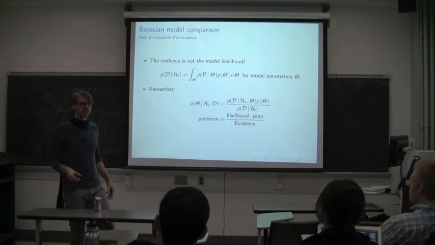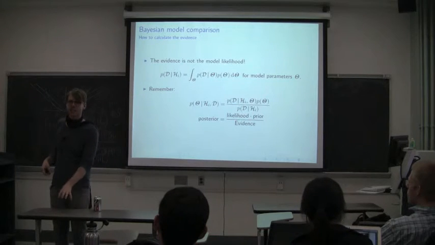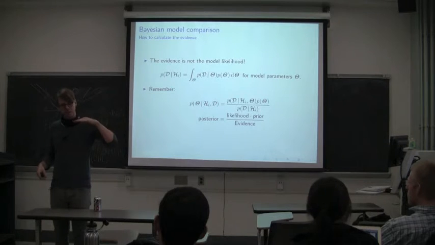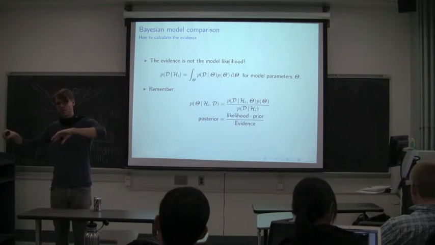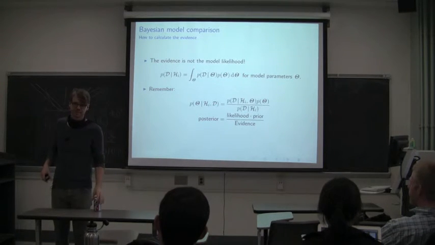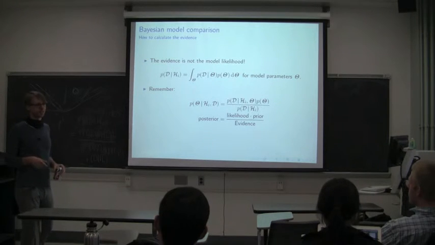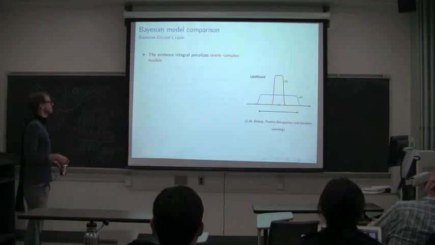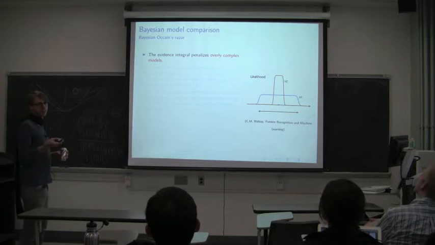Because you have your posterior estimate, and now you're integrating over the probability of your data given the parameter, integrated over the prior. So it's exactly the predictive distribution for your training data, evaluated on your data.